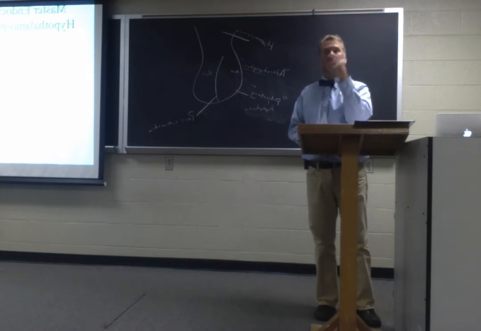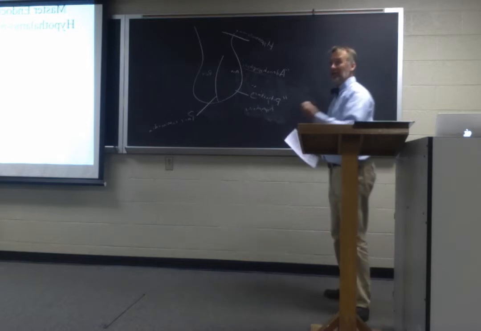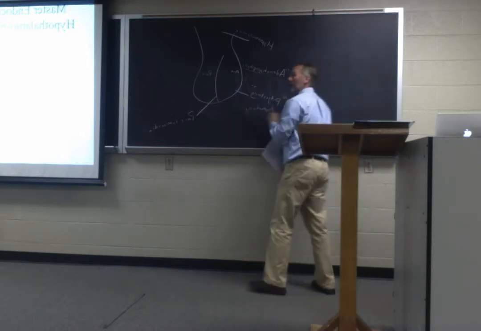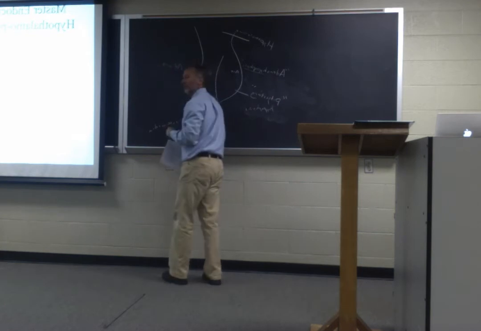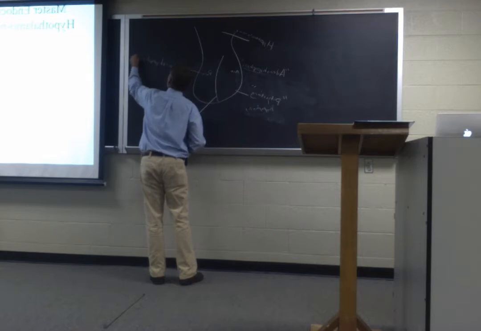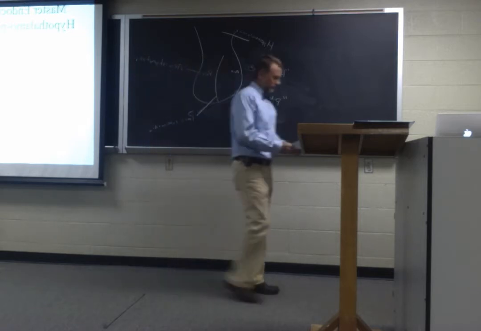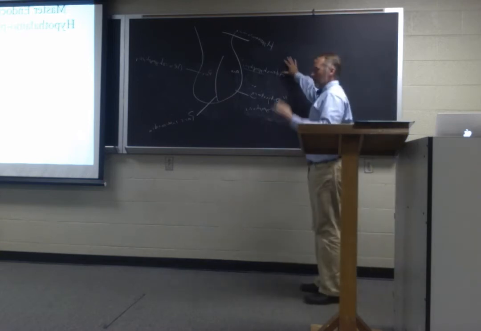There's two parts of the hypophysis. One of them is glandular, adenohypophysis, whereas the other one is nervous, neurohypophysis.